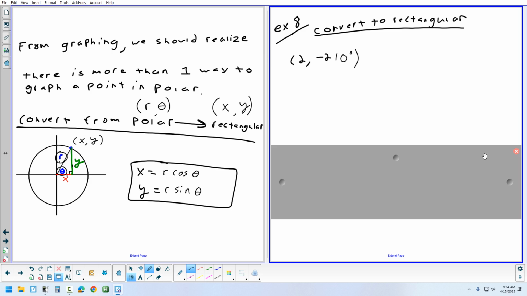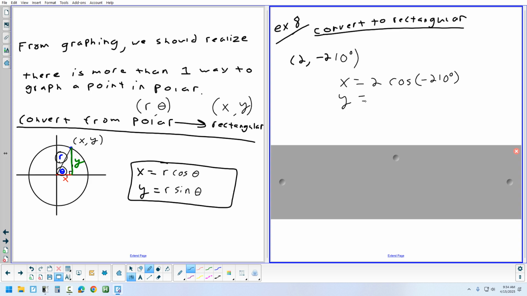All right, so let's start with x. If I fill in the information from my coordinate into the formula for x, what is my expression going to look like on the right side? Yep, 2 cosine negative 210. And what about my expression for y?